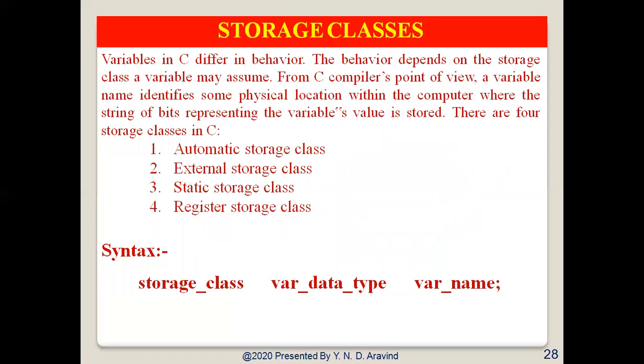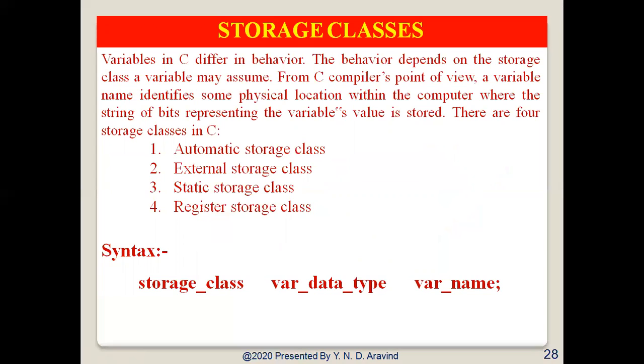Now, next let us see what is the storage class. Here, storage class is nothing but a class of variables which determines whether the item has a global or local lifetime.